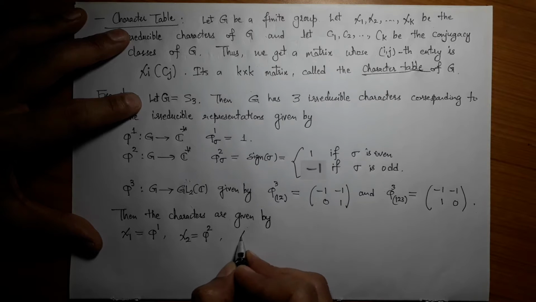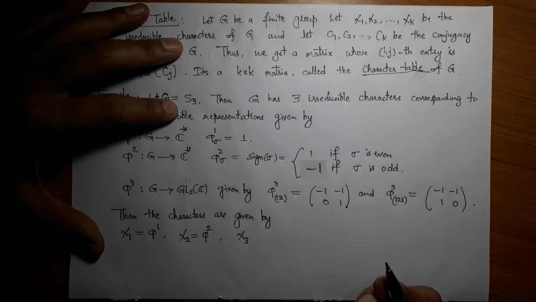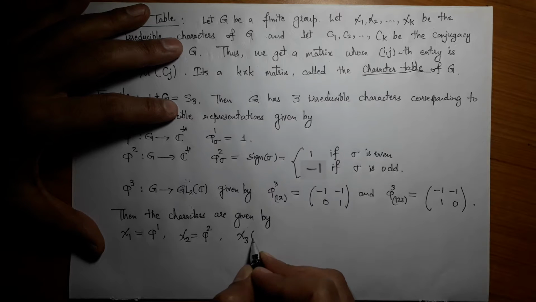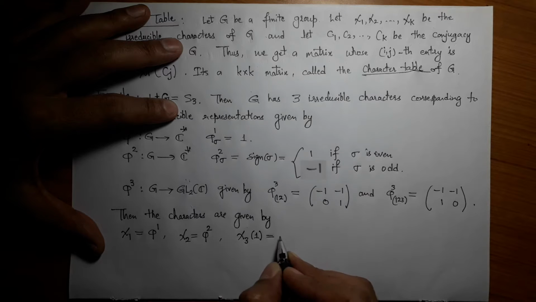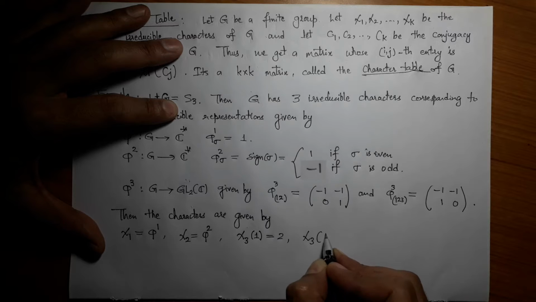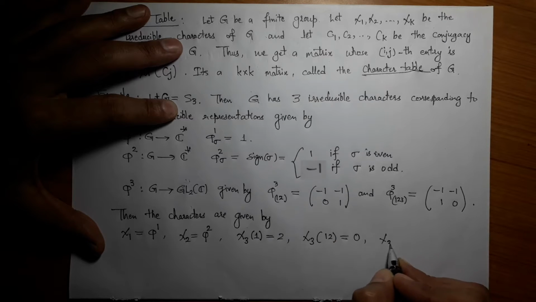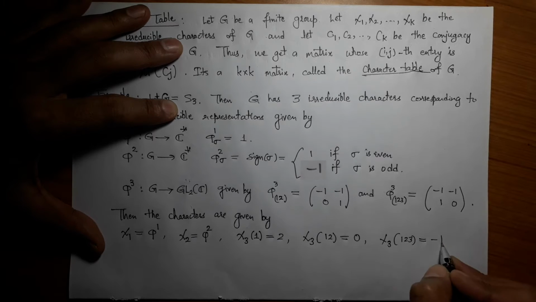Of course chi 3 you can write down as well. It is enough to give the value on the conjugacy classes. There are 3 conjugacy classes in S3. On the conjugacy class of the identity permutation, it is the degree of the representation, which is 2. Chi 3 acting on (1 2), the trace is 0, and chi 3 acting on (1 2 3), the trace is -1.